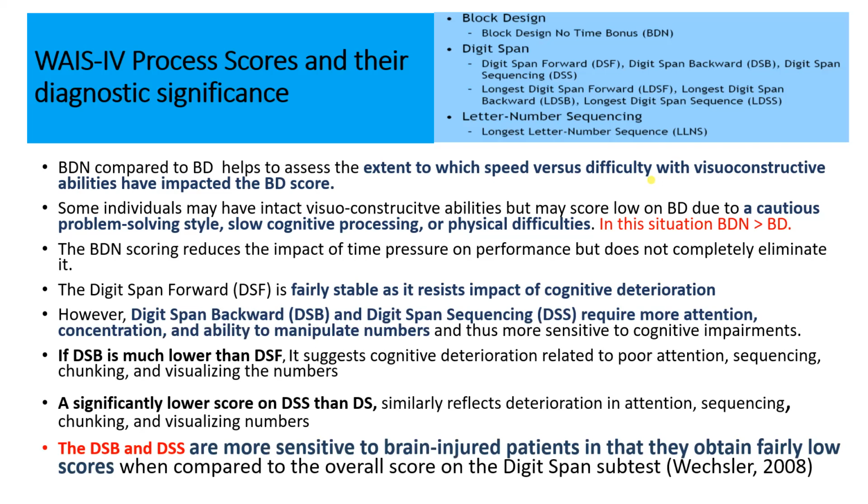The digit span backward and digit span sequencing are generally more sensitive to brain injured cases, patients with brain injury, because such patients generally score very low on these two tests when the scores are compared with the overall score on the digit span subtest.